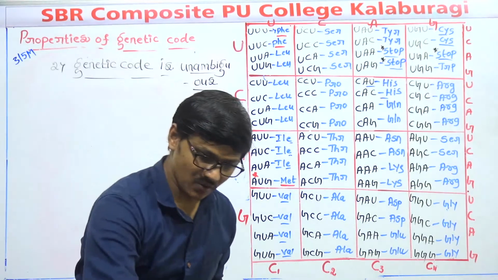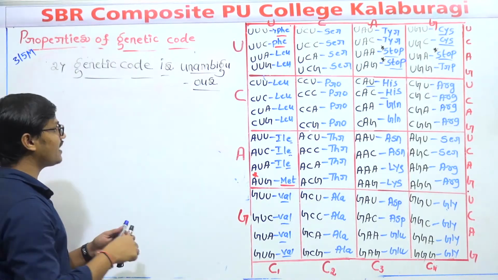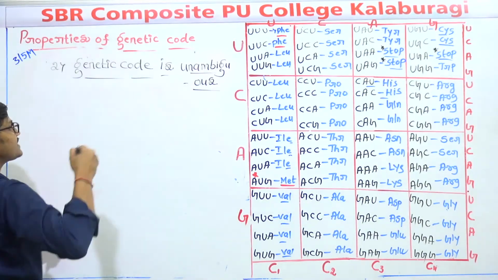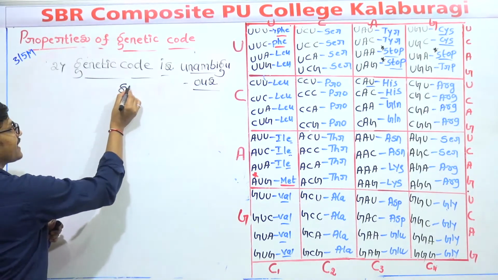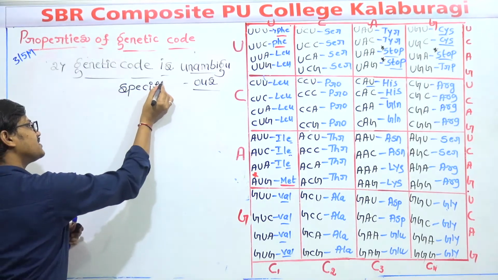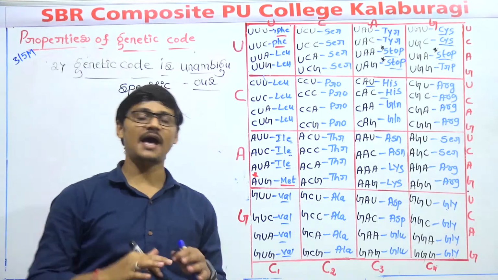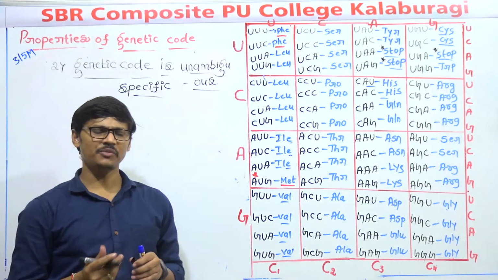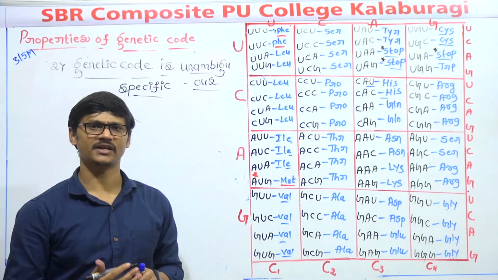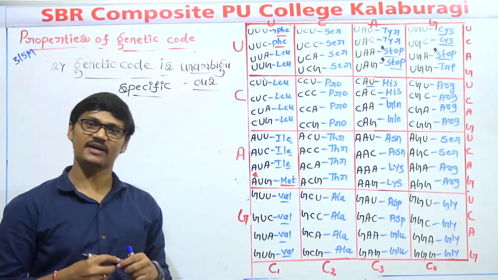So what is the meaning of unambiguous? Unambiguous means you can call it specific. Genetic code is called specific. There will be no ambiguity. Ambiguity means this or that possibilities, but there are no such possibilities. They are specific. Why is genetic code called specific?